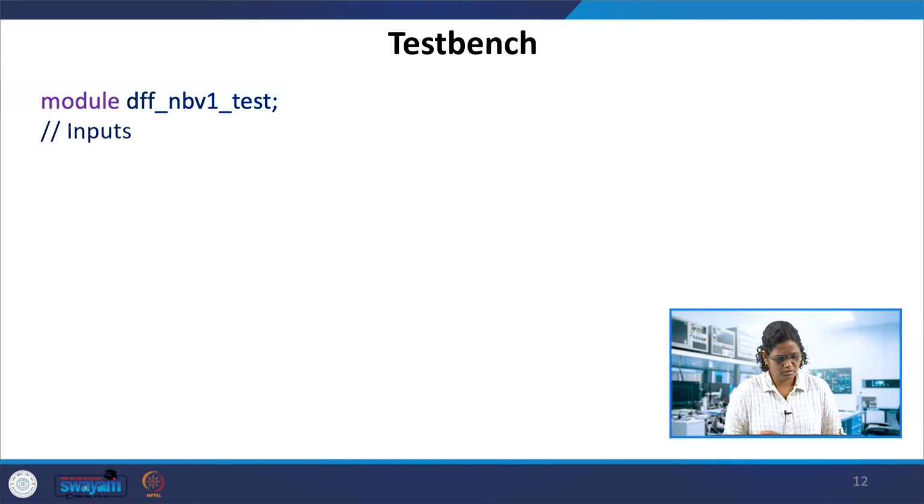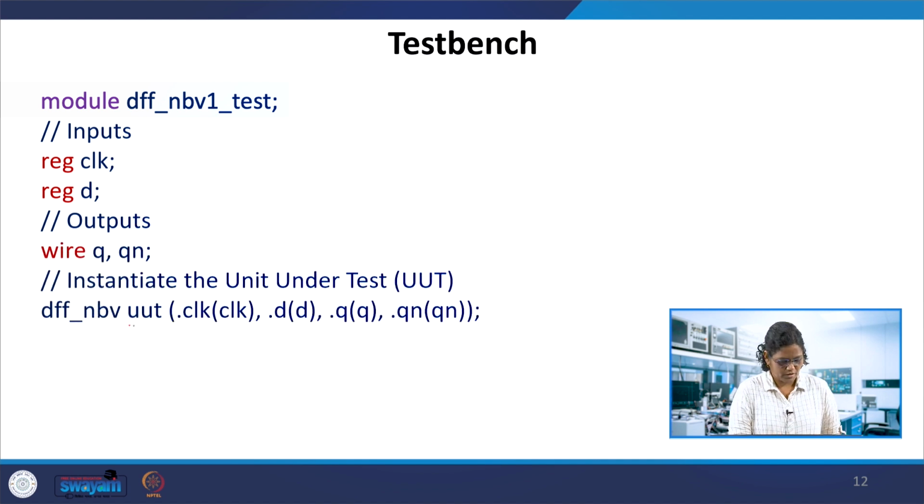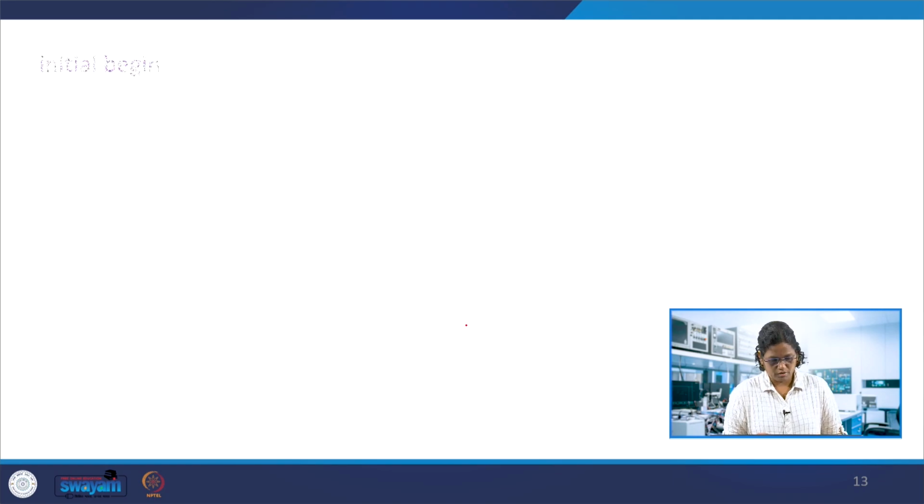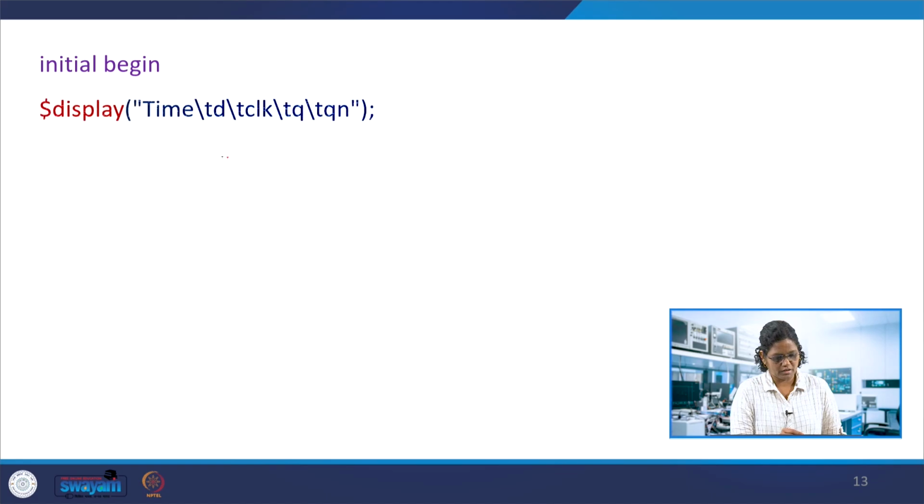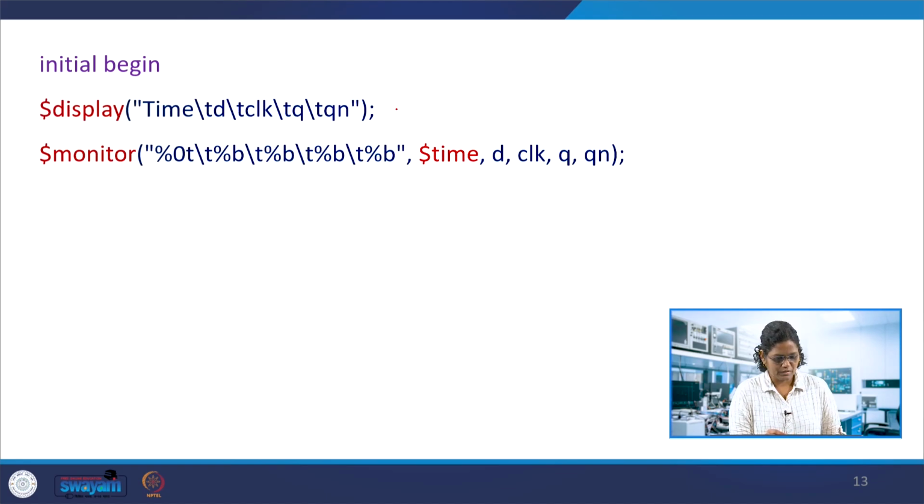So the test bench module name, reg clock, D, and outputs Q and Qn. Instantiate that module with the non-blocking statement, dot clock, D, Q and Qn. Also the initial begin, let's see the display, which we use in all the test benches, and also the monitor.